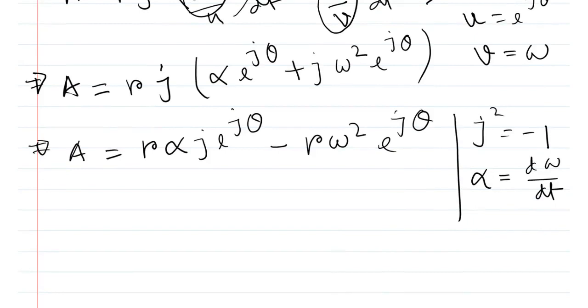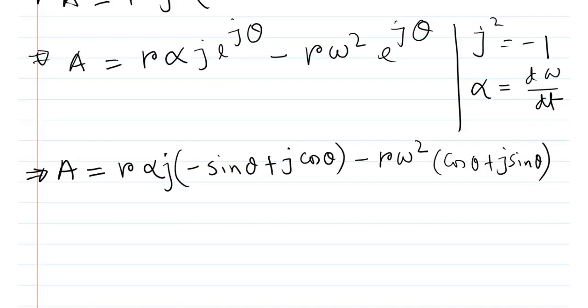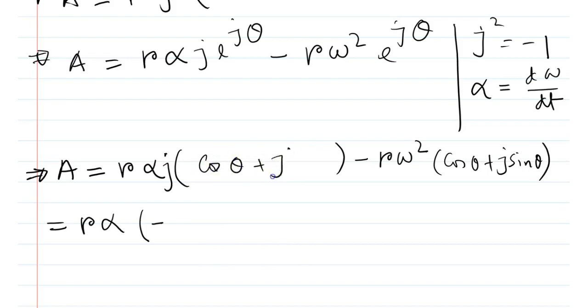Alright, so when we simplify this polar form, we are ready to convert it into Cartesian form, and after converting to Cartesian form, the equation becomes this. Once again, simplifying this, we get r alpha, negative, my apologies, it should be cos theta plus j sine theta.